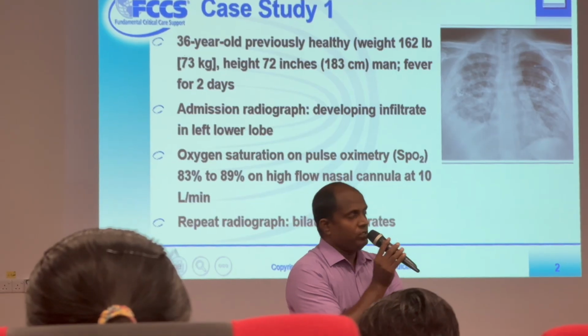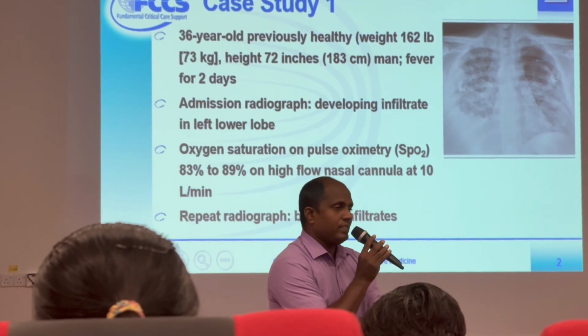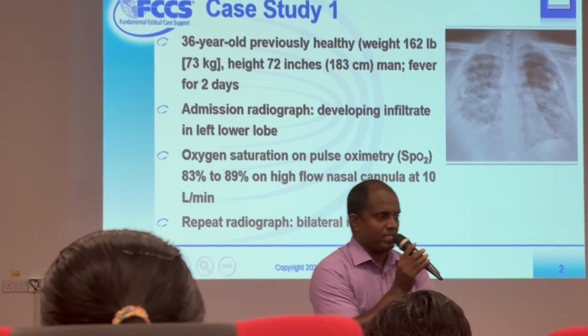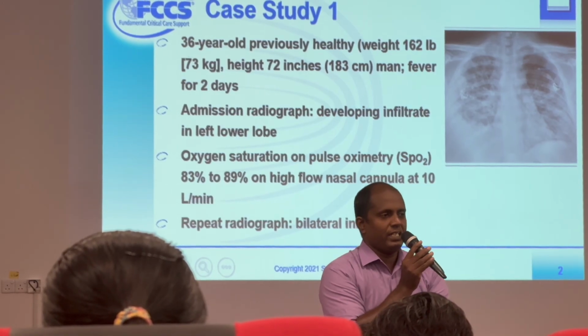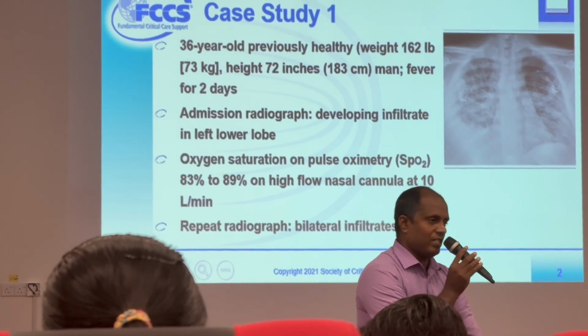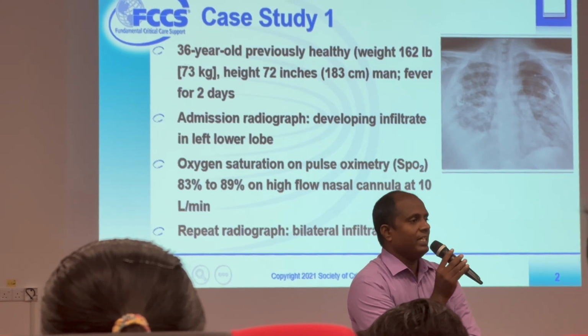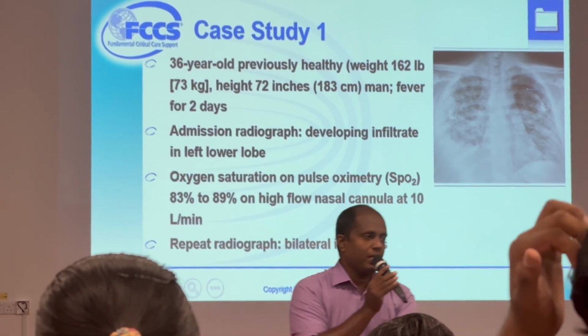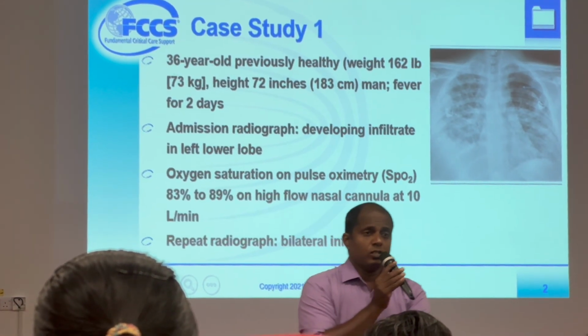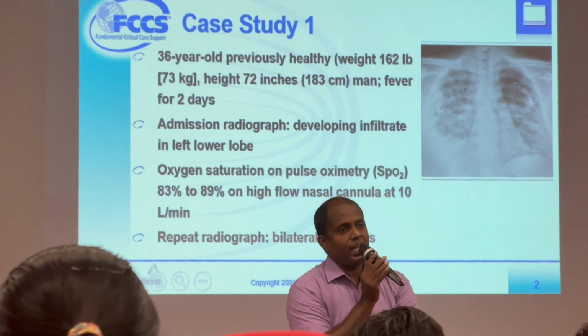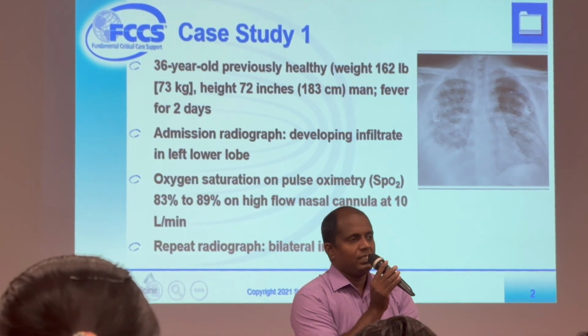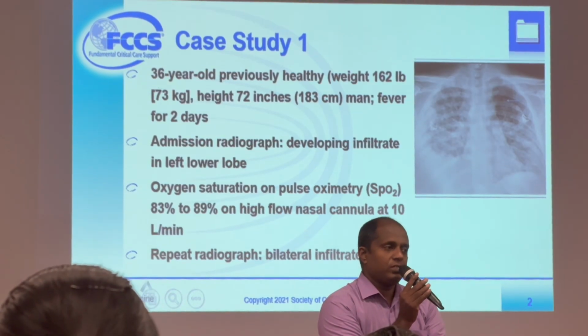Plateau pressure is usually measured in volume control ventilation. With the patient on pressure control ventilation, you don't need to worry about the plateau pressure; plateau pressure and peak pressure are the same most of the time. So what is the target plateau pressure in ARDS? Less than 30.